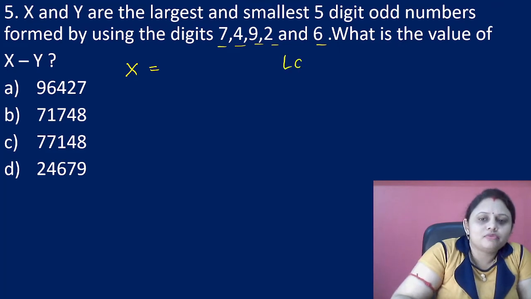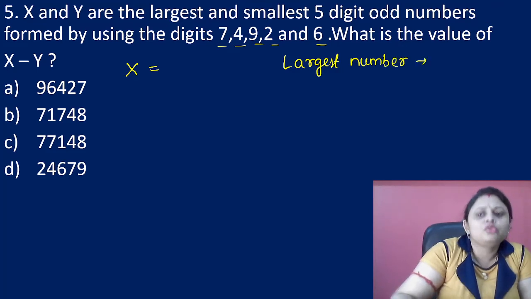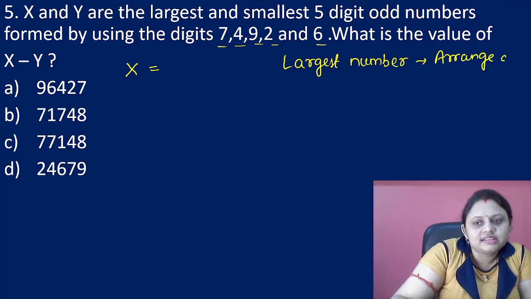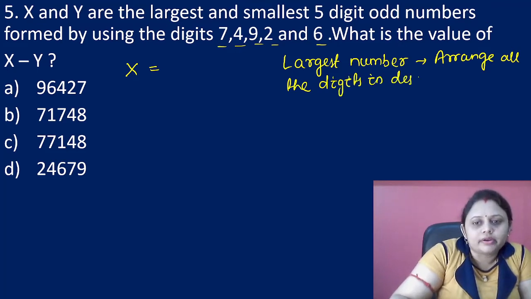If we have to find the largest number using some digits, what we have to do? We have to arrange all the digits in descending order.